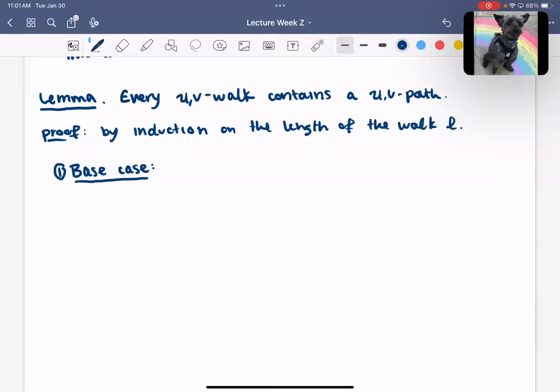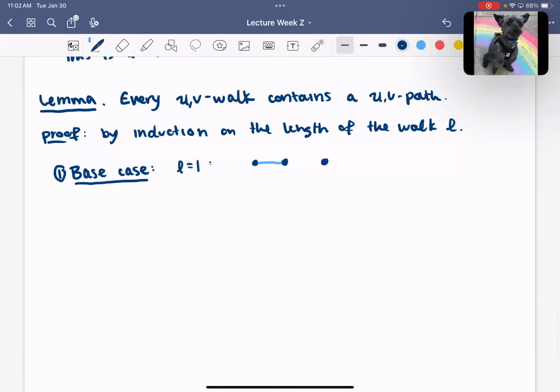Yeah, so what would happen with a walk of length 1? Let's consider L equals 1. It could be the situation that you go from one vertex to another vertex, or it could be the case that you go from one vertex along a loop back to itself.